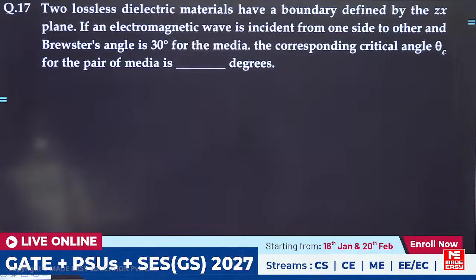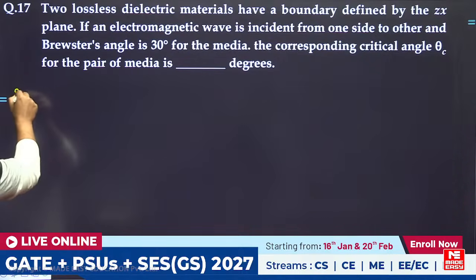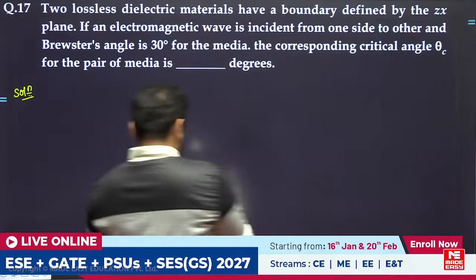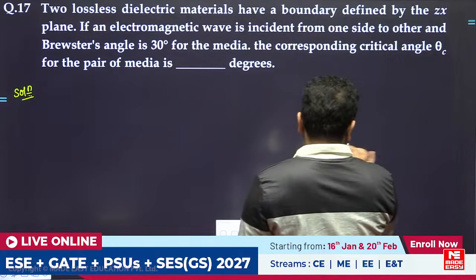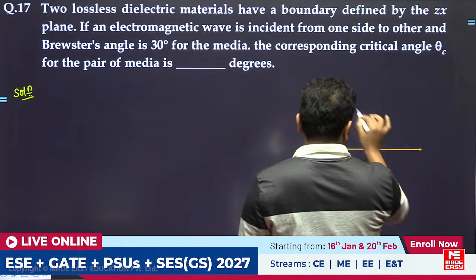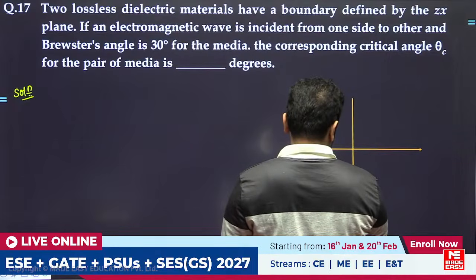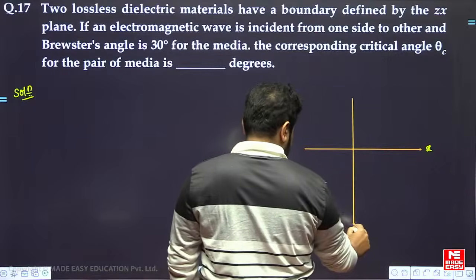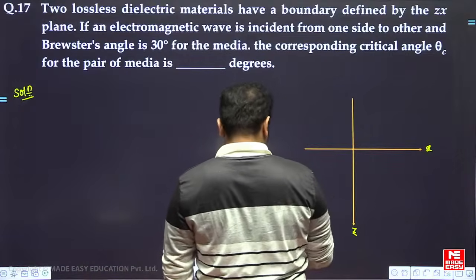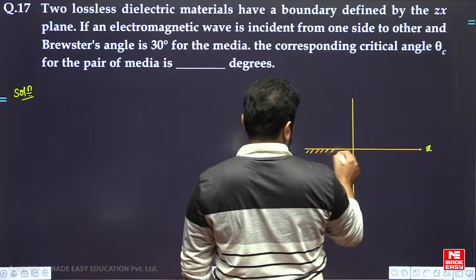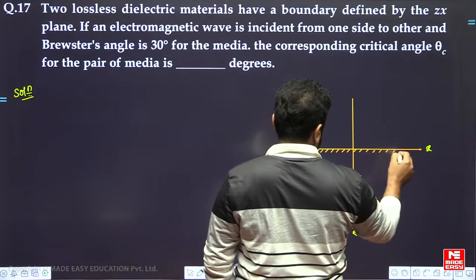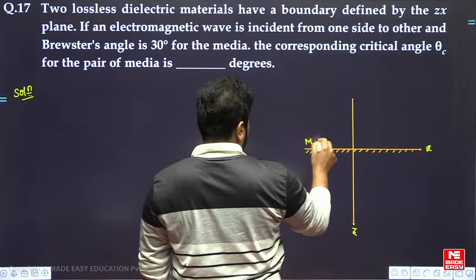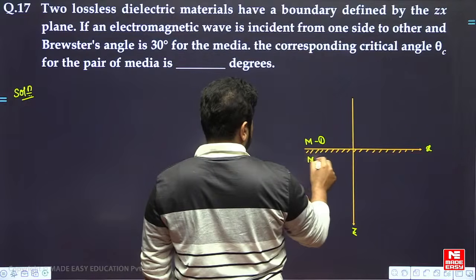Okay, let us solve this. XZ plane, right? Let us say this is your x axis and this is the z axis, and this is the interface. Arbitrarily, I am calling this medium 1 and this medium 2.